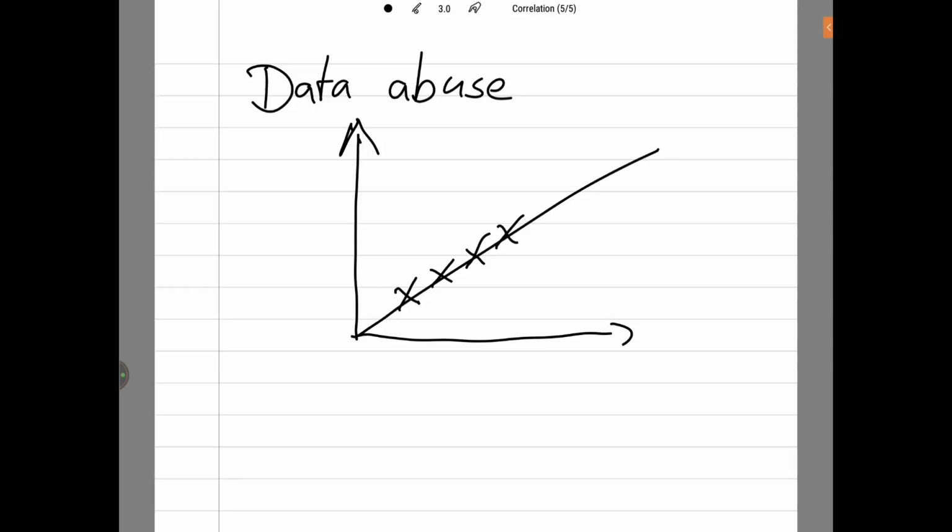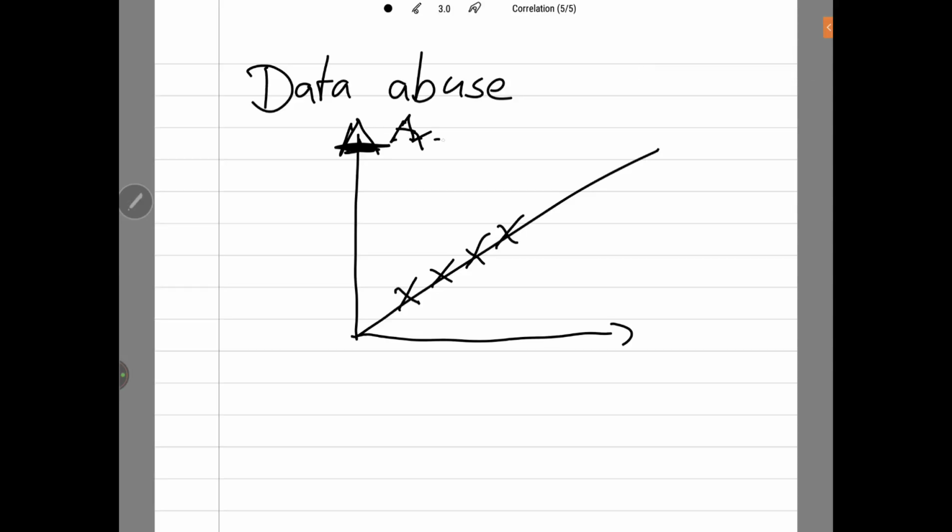And now these data abusers say, we use that to predict the future. If that is a standard curve, we just simply measure an unknown concentration and the absorbance is up here.